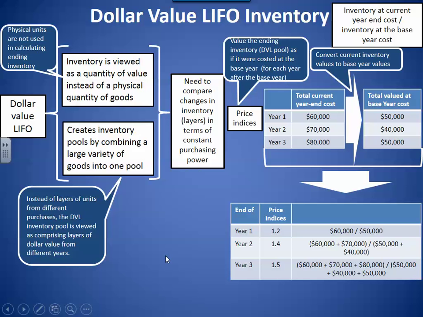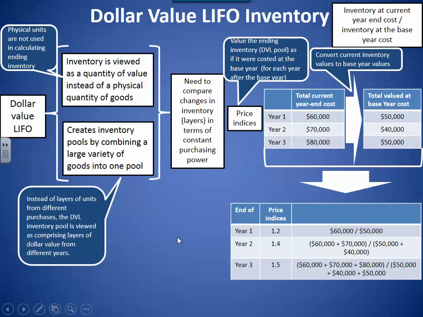Now, in order to determine whether a layer has been added or has been liquidated, we need to compare the changes in our inventory layers in terms of constant purchasing power. As an example, if we look at inventory values today versus inventory values 10 years from now, we know there's going to be some type of change, either in purchasing power or other valuation changes.